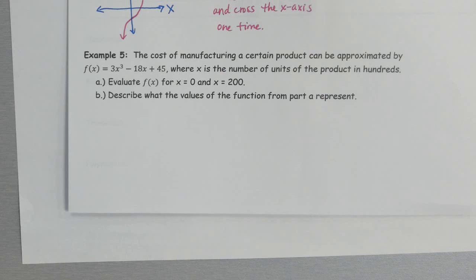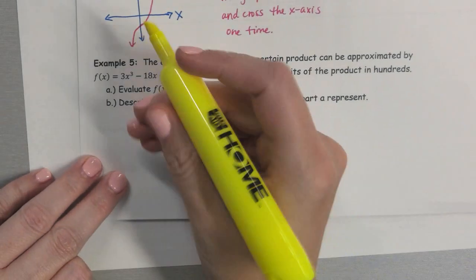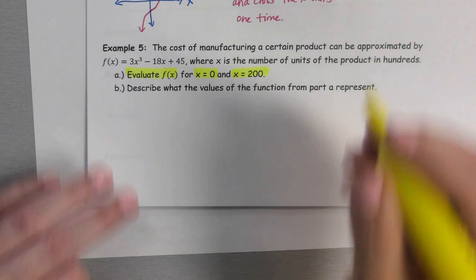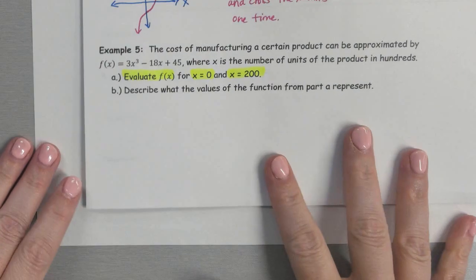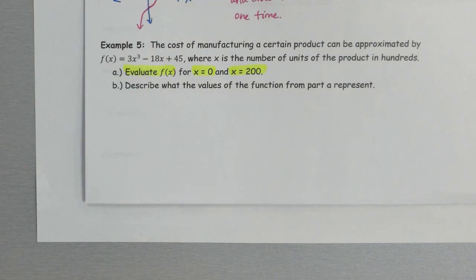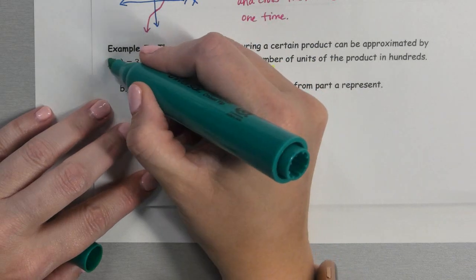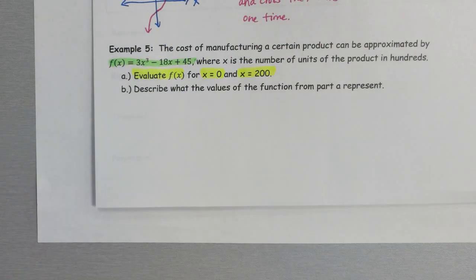Part A says evaluate f of x for x equals 0 and x equals 200. Okay, so that just means I have to go to my function and find what the value is when x is 0 and when x is 200. Okay, so we're going to start there.